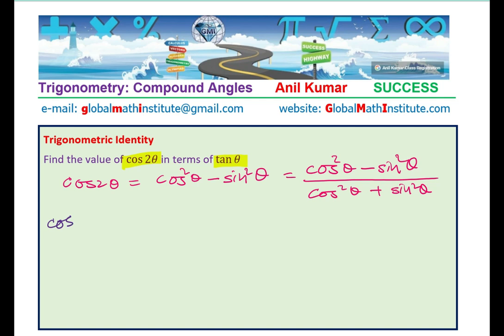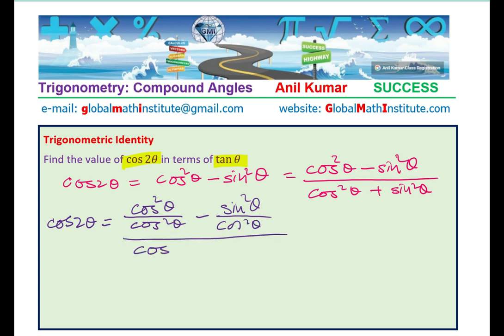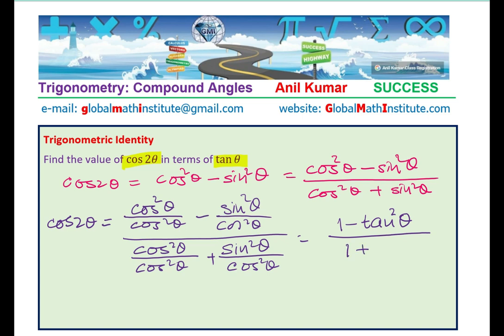So we get cos 2 theta equals cos square theta over cos square theta minus sin square theta over cos square theta, all over cos square theta over cos square theta plus sin square theta over cos square theta, and that gives you 1 minus tan square theta over 1 plus tan square theta.